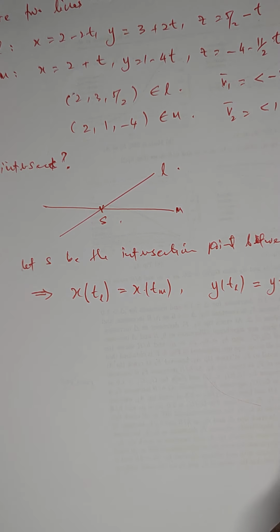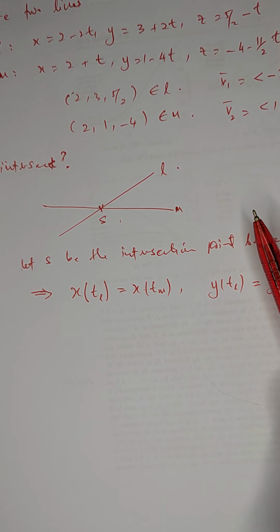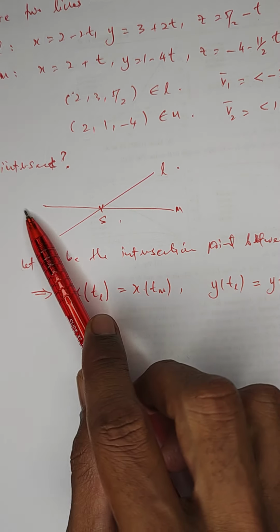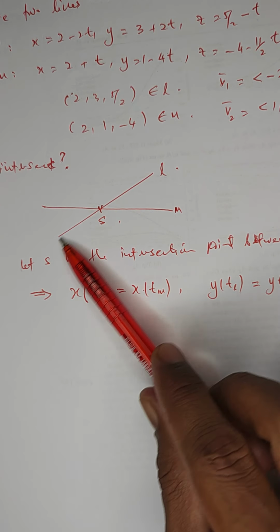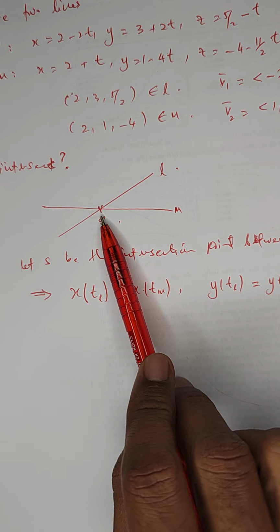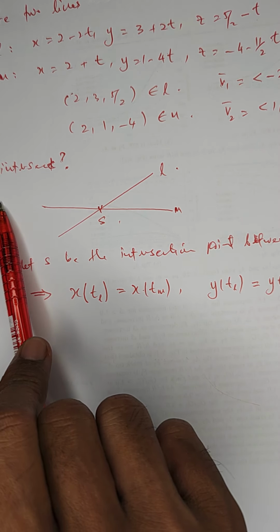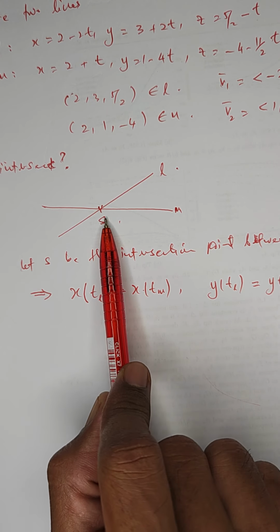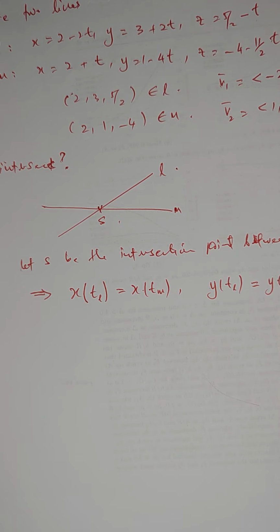I put T here, which means you may consider two objects that move along L and move along M from somewhere. Of course, the object that moves on line L will reach S at a different time than the object on M reaches the point S. So that's why we use TL and TM.